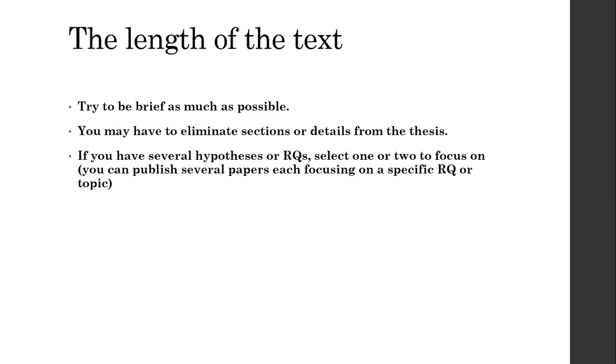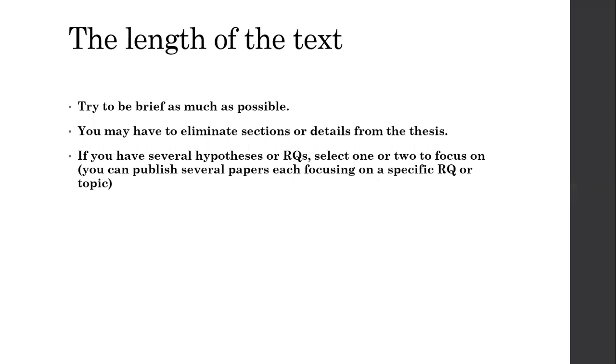If you have several hypotheses or research questions, you have to select only one research question or two maximum to address. But if the thesis has many other important research questions with important findings, you can publish several papers, each one focusing on a specific research question or topic with its findings, results and discussion.